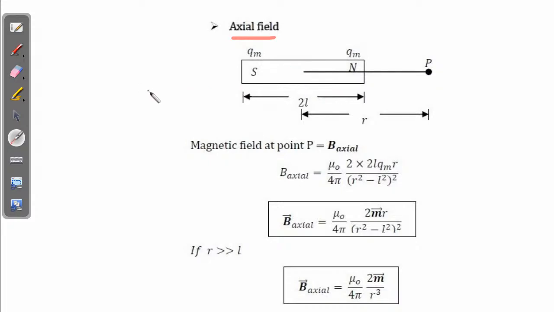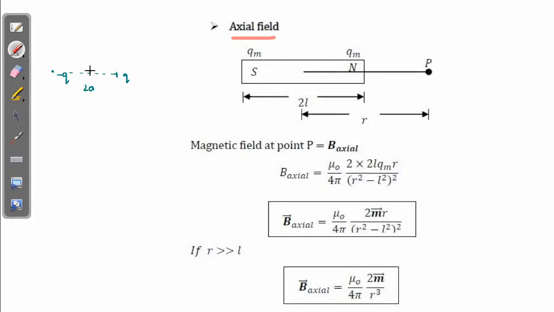You have a similar kind of consideration in the case of charges also. In the case of charges, you had two equal and opposite charges, minus Q and plus Q, separated by a very small distance 2A.